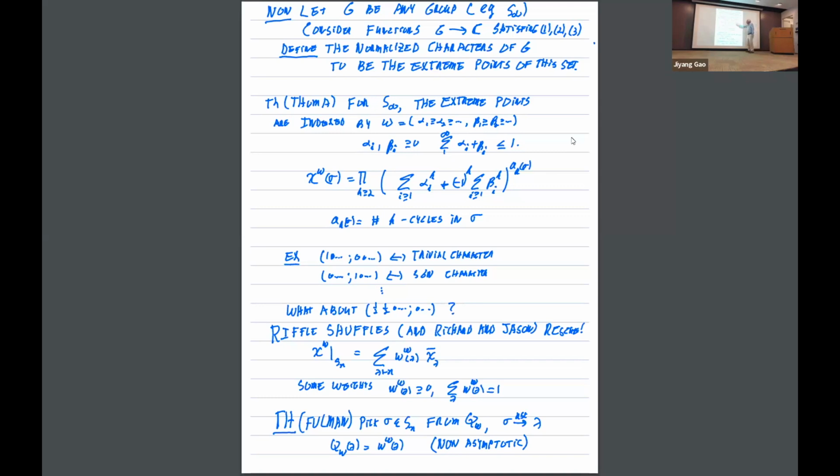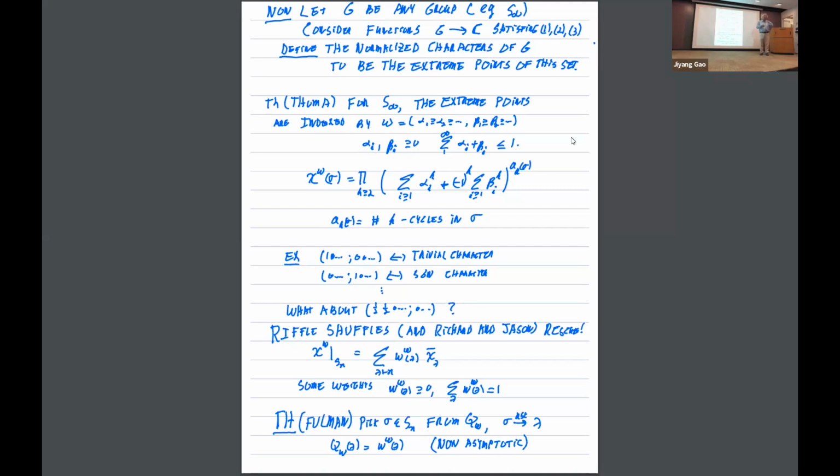And then you can ask, well, how does it go? For example, if alpha 1 is 1 and everything else is 0, that's the trivial character, identically 1. If beta 1 is 1 and everything else is 0, that's the alternating character.